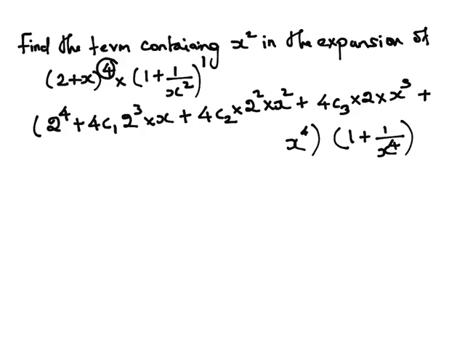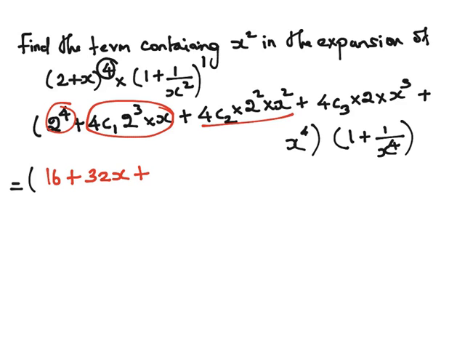Now let me simplify it further. I'll get this 2 power 4, 2 power 4 will become 16, plus this term 4C1 into 2 cube is nothing but 32x, plus this term is nothing but 4C2 is 6 into 4, 24, so 24x squared, plus now this term will become 4 into 2, 8x cube, plus x power 4 multiplied with 1 plus 1 by x.